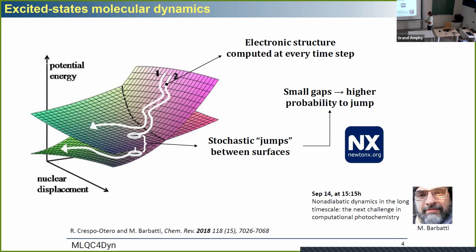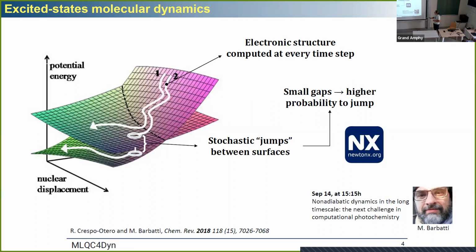And just a quick recap of what we have already seen previously. The type of dynamics that we are interested in is the excited state dynamics, meaning dynamics from some excited state surface, and we let the system evolve using, in our case, classical equations of motion to describe this path in white here, until it reaches some region of a small energy gap, which is more likely to have a jump from one surface to the other, and then the system can continue and probably have some sort of transformation in this region.